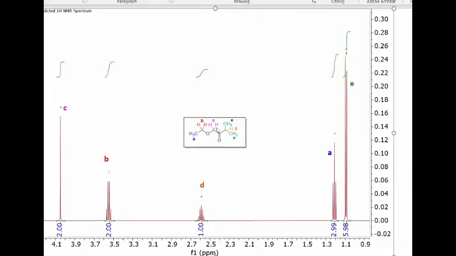Again, we had 2 groups that we expected to be around 4, and I would have predicted that the one between the carbonyl and the oxygen would have been further left, and that turns out to make sense as well. And then, of course, we have the 1H group in the entire molecule, which is all by himself. Now, I would have predicted him near the carbonyl to be between 2 and 2.5, and so I'm a little surprised to see him at 2.6.